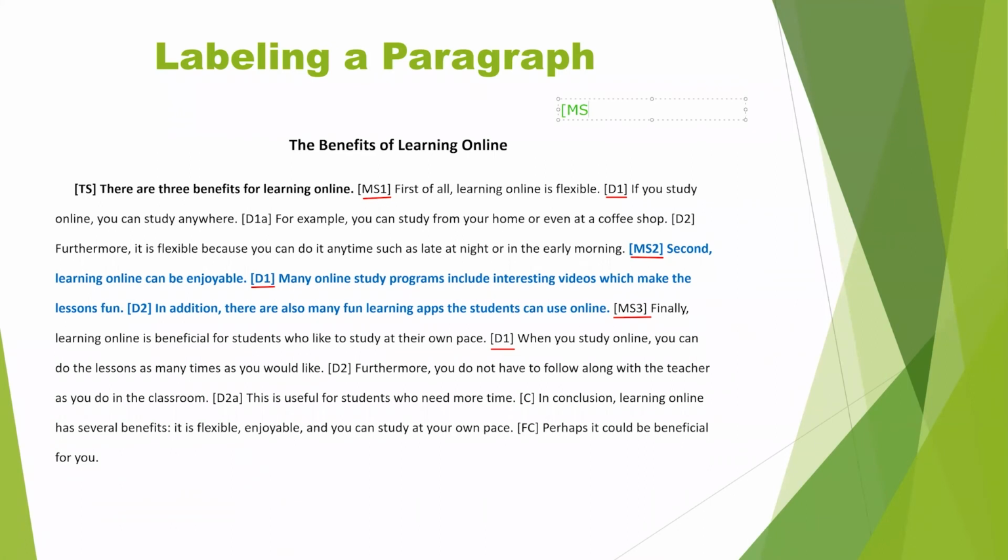So you have MS1, and the next sentence is always D1. And then if you have MS2, you always have D1 to follow. And the same with MS3. You always have D1. Remember, it's the first detail for the MS, okay? So always follow your MS sentences with a D1, okay?